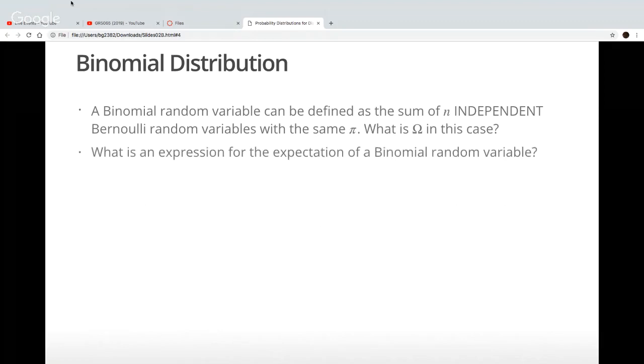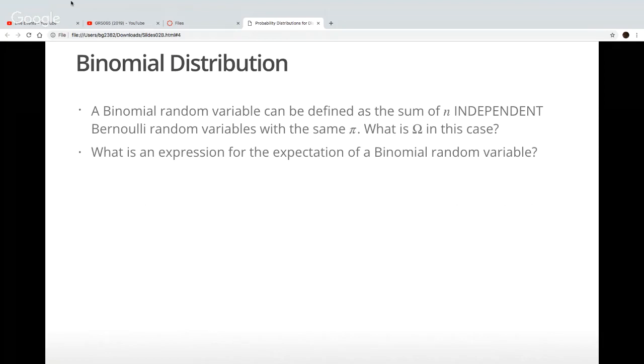So what would be an expression we could use for the expectation of a binomial random variable? Yeah. N choose k times the probability of success to the k times the probability of failure to the n minus k.